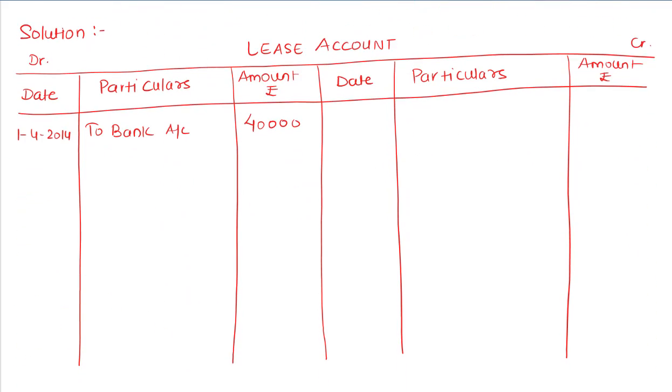So at the year end, that is 31st of March 2015, to interest account 5%. So 40,000 multiplied by 5%, which is 2,000. I believe it is clear.